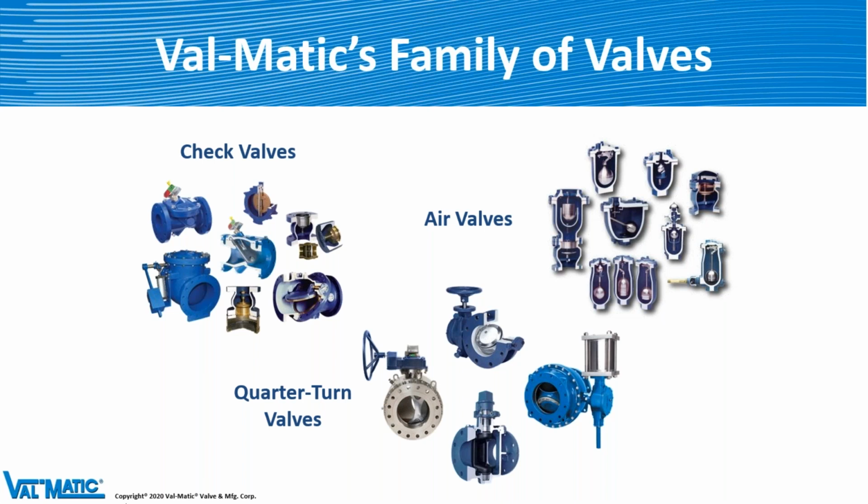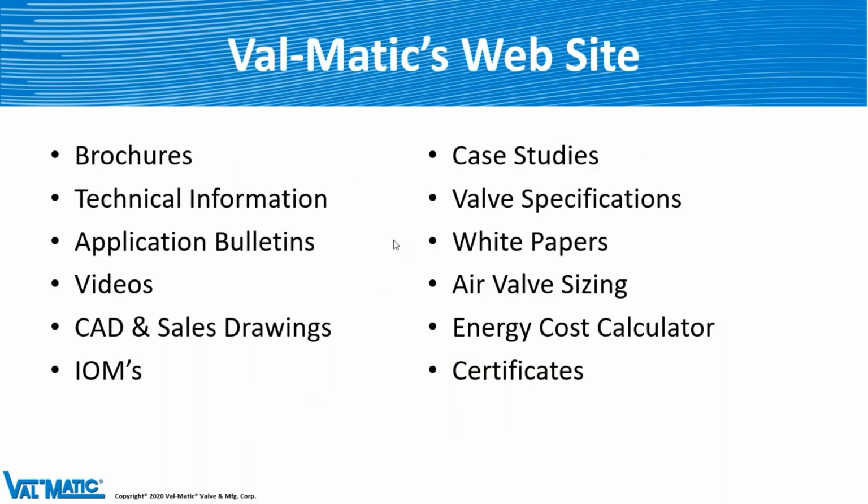We're using these, as one example, out in the oil sands a lot, and they're working very well as SAGD valves for SAGD applications. So that's all the valves we have in the family of valves.